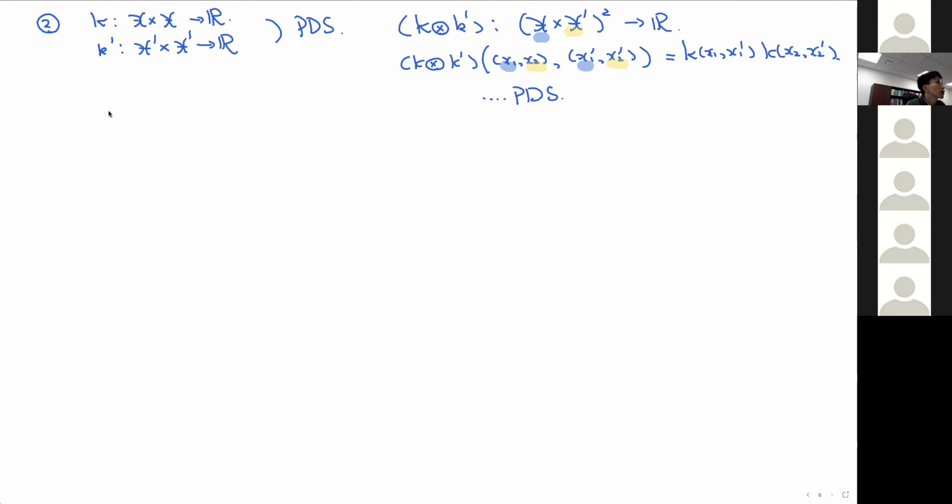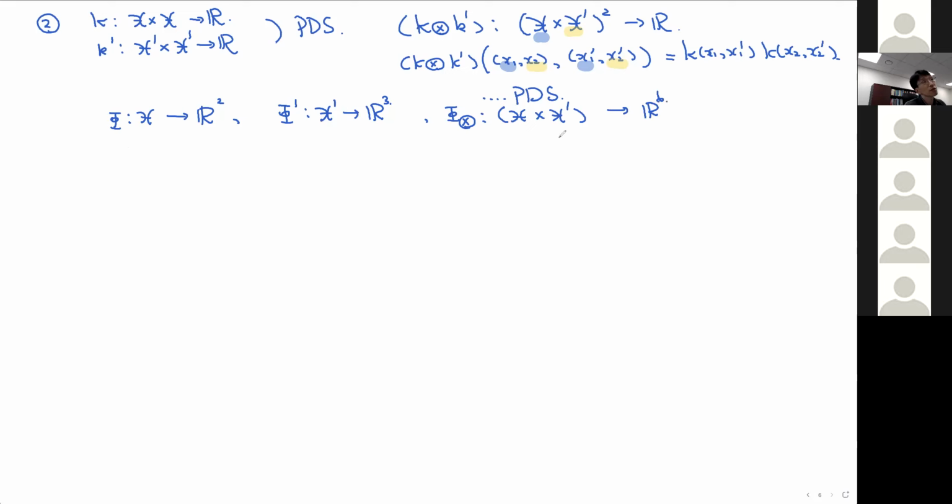We have a feature map psi that maps x to R2, just like before, and a feature map psi prime that maps x prime to R3. So the new feature map corresponding to this tensor product maps a pair, x and x prime, to R to the 6.